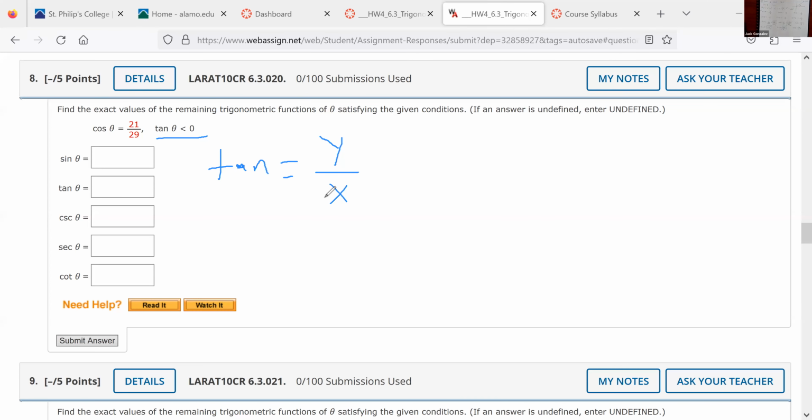Either the minus could be on top or the bottom. I don't know. But cosine is positive, so that means the x is positive. So it has to be up here. It doesn't actually matter where you put the minus, but it matters if y or x is positive or negative in order to build a triangle. So basically, you're going to build your triangle. That's a horrible triangle. Just go to the paper.